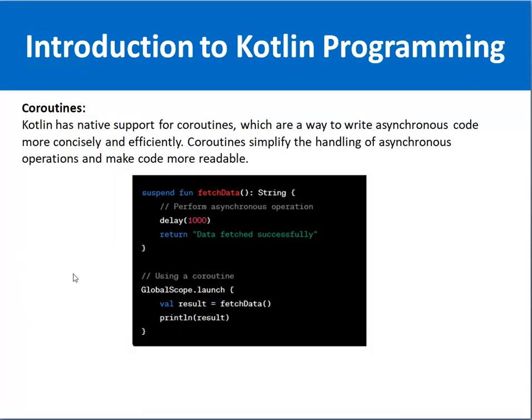Coroutines. Basically, it is a way to write asynchronous code more concisely and efficiently. Here, just try to understand the concept of asynchronous. Asynchronous means that you send a request and you don't wait for the response, and you can also make the next call as well, and once the first request completes, it will send you the response.